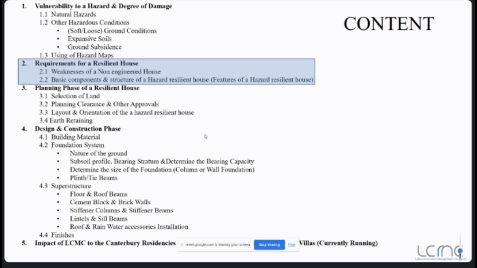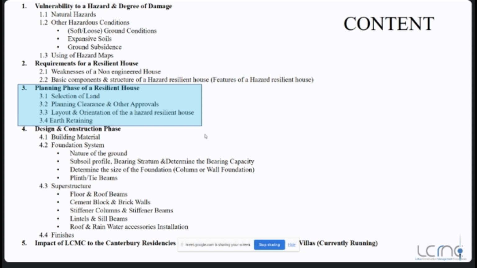The second topic is the basic components and structure of a hazard resilient house. As I mentioned earlier, I will cover the weaknesses and positive sides of house construction in this session. The third session is the planning phase of a resilient house, which is a very important phase.